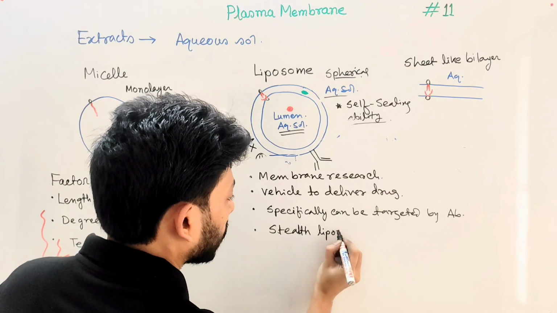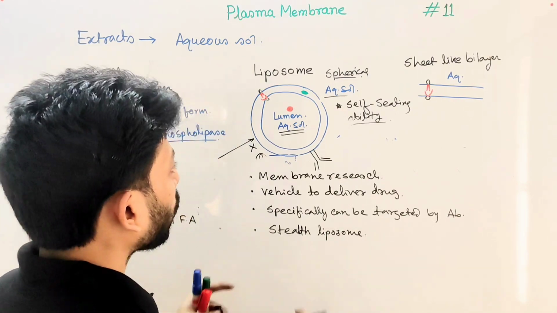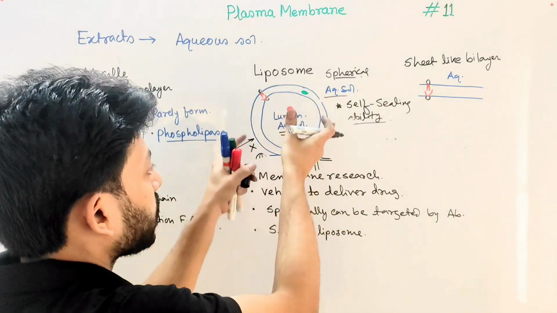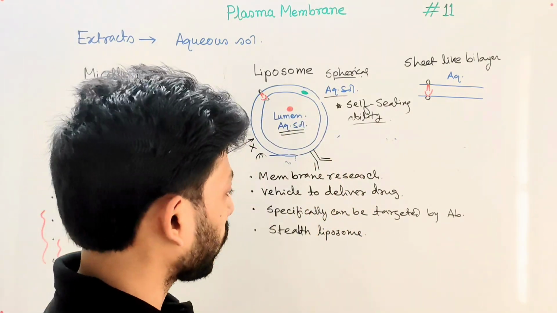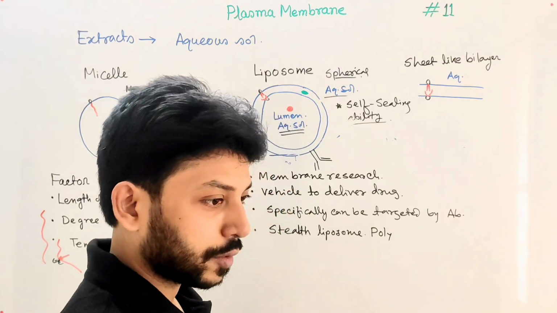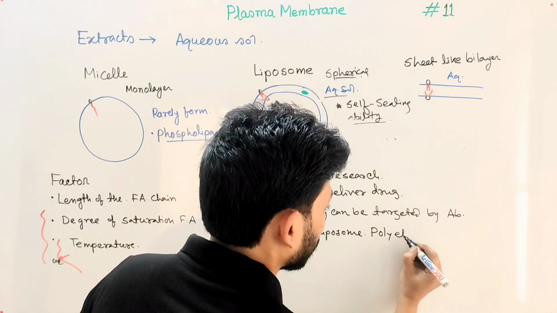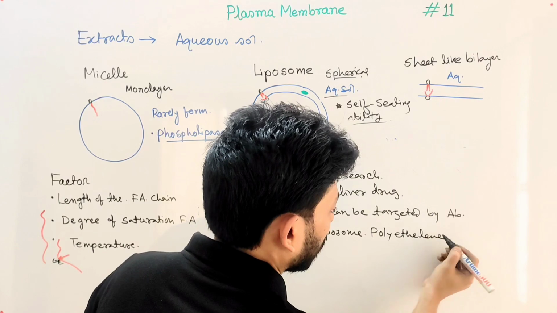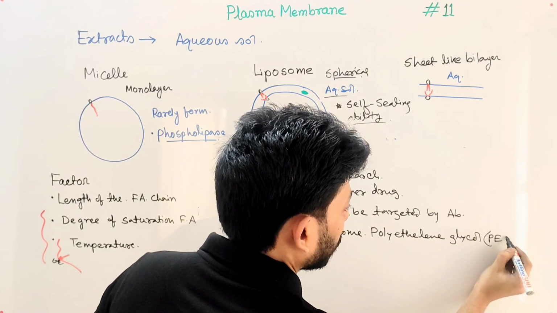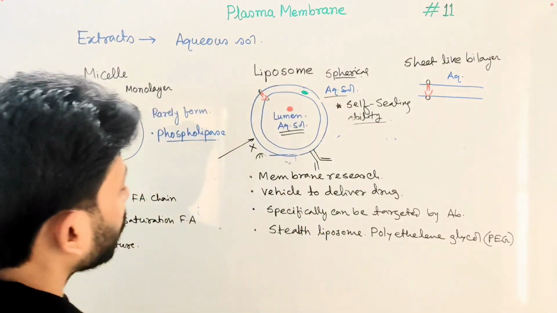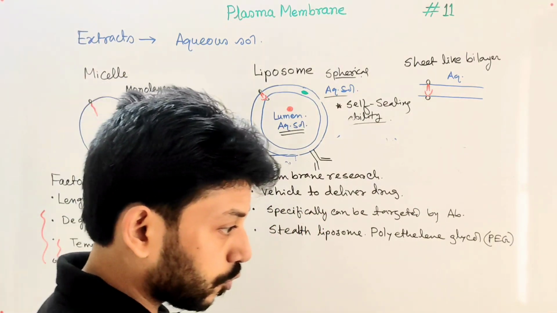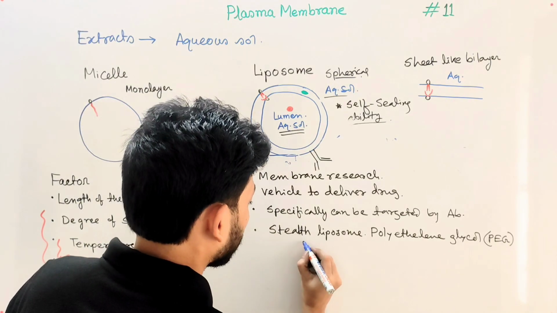These liposomes are coated on the outside with a synthetic polymer. One example of this polymer is polyethylene glycol, used in the laboratory, or in short PEG. One example of a stealth liposome used in therapy is called Doxil.